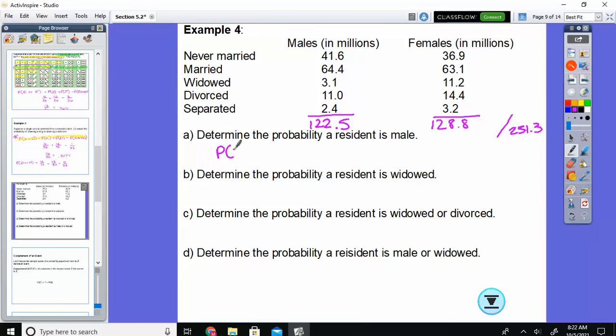Okay, so part A. The probability that a resident is male. How many males do we have? Out of how many total? Places unless I specify otherwise.